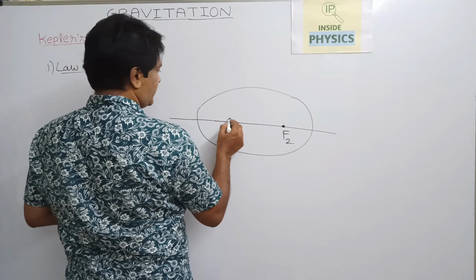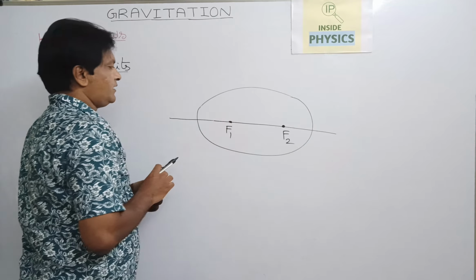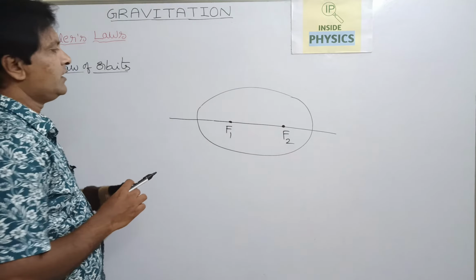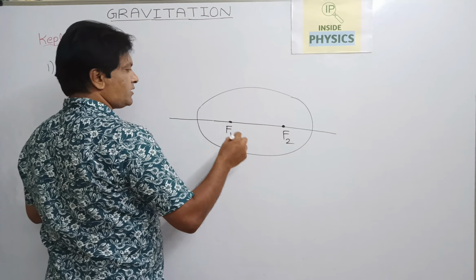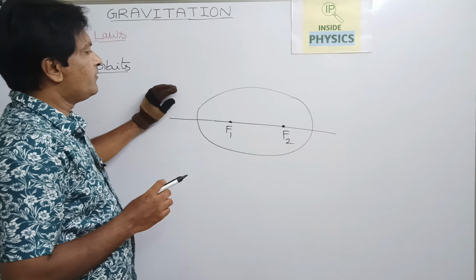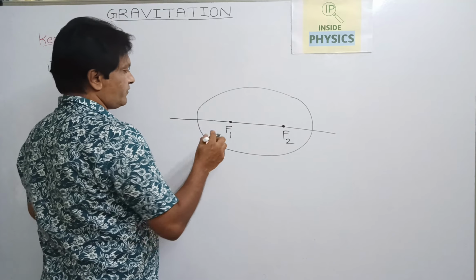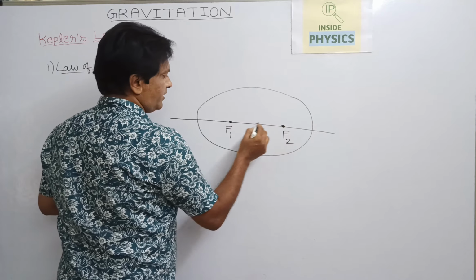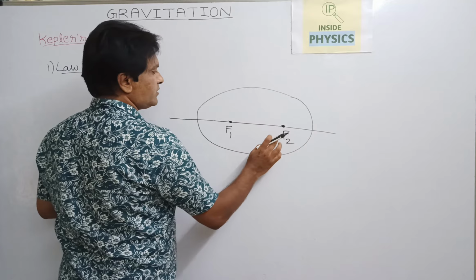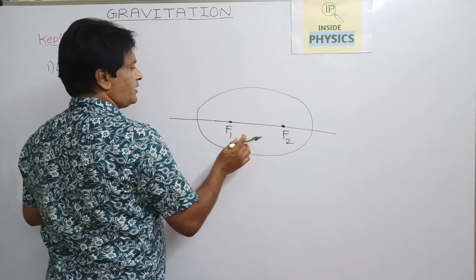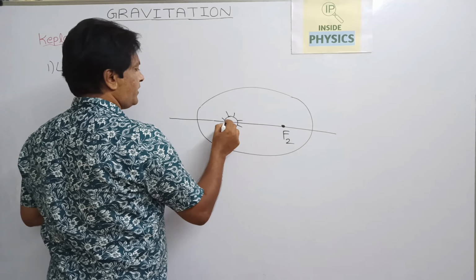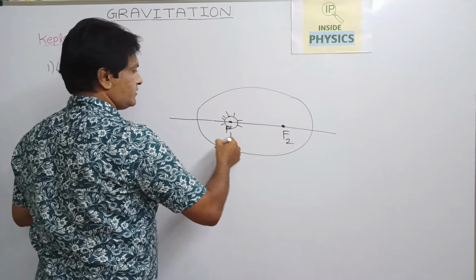If the sun is at one of its foci, that is what the statement of the law of orbits says: every planet revolves around the sun in an elliptical path, having the sun at one of its foci. The sun may be here or here. This is focus 1, this is focus 2, and we call them the two foci. The sun is here and the planet is revolving like this.